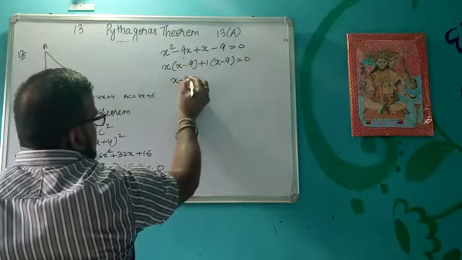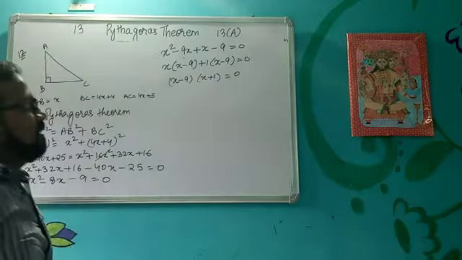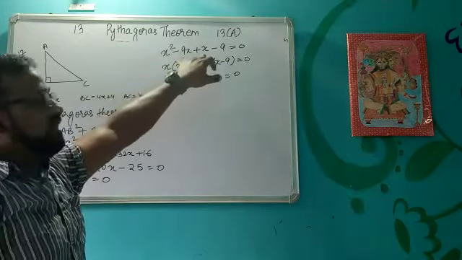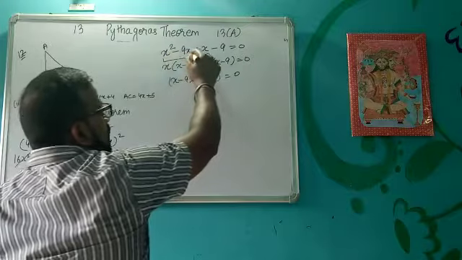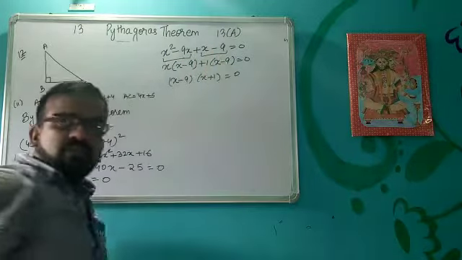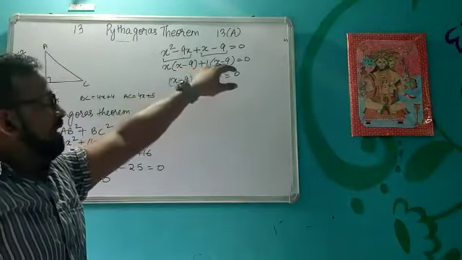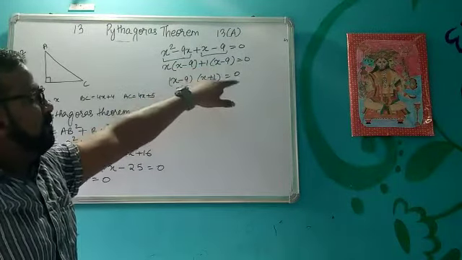These two and these two are groups. Take x common in this, you will get x minus 9 and here take 1 common. So finally x minus 9 is common, you will get this.